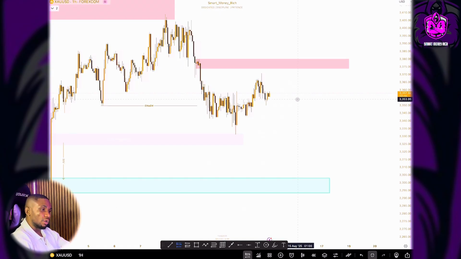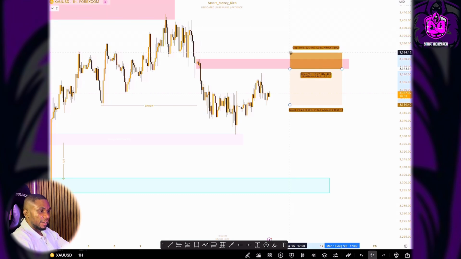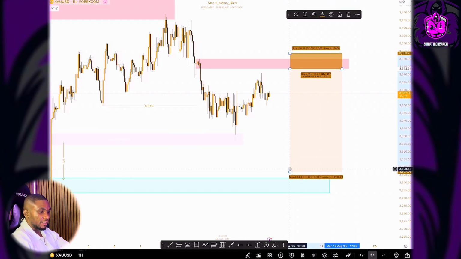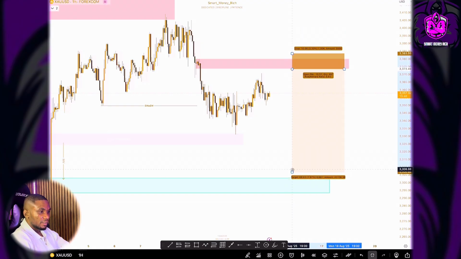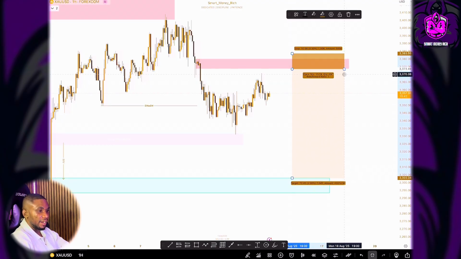We'll do both the long and short example on this. My entry is here, my stop loss is just up here, and then I'm targeting this level right here.